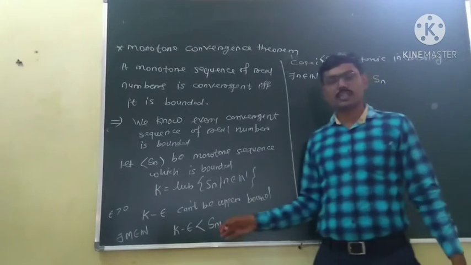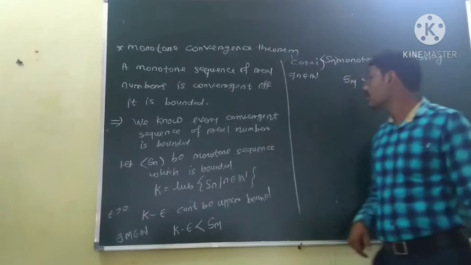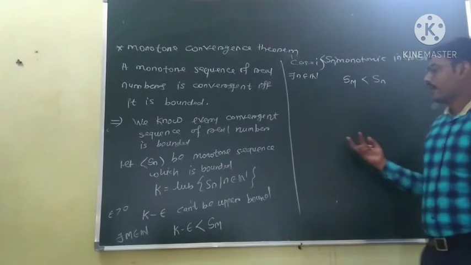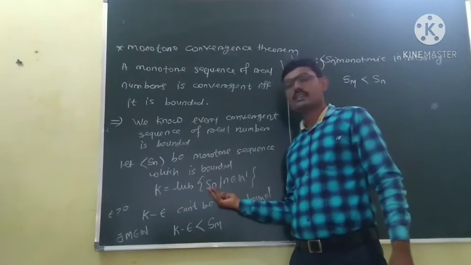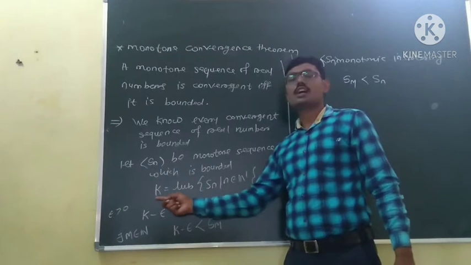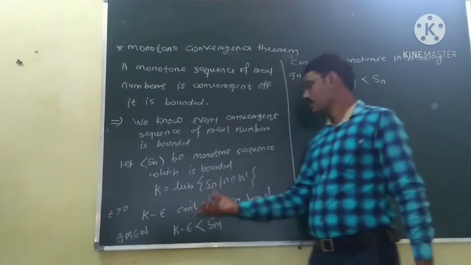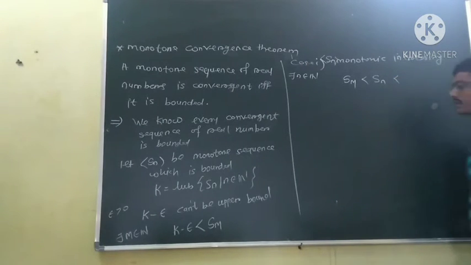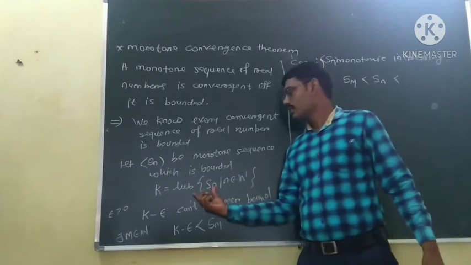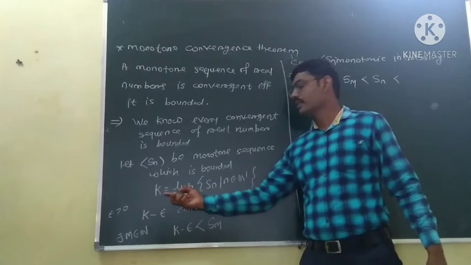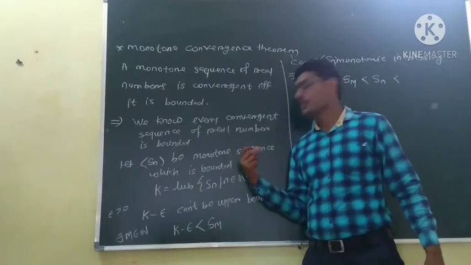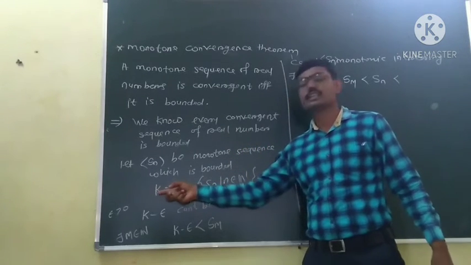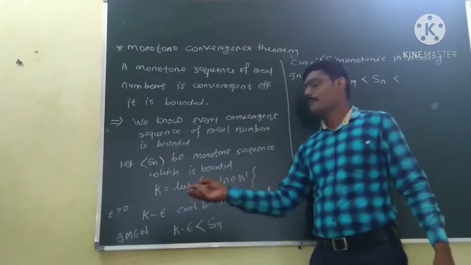Why? Because the sequence is monotonic increasing, and each element of the sequence is less than or equal to this least upper bound. Sn is always less than or equal to k, because k is the least upper bound of the sequence, so each element of the sequence is less than or equal to it.